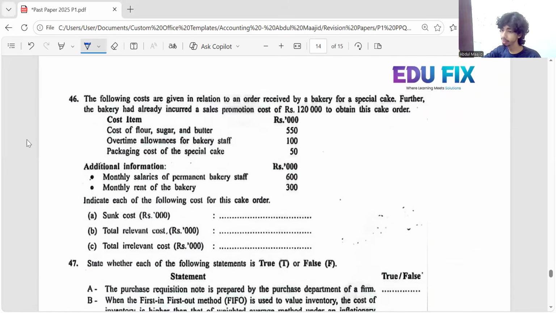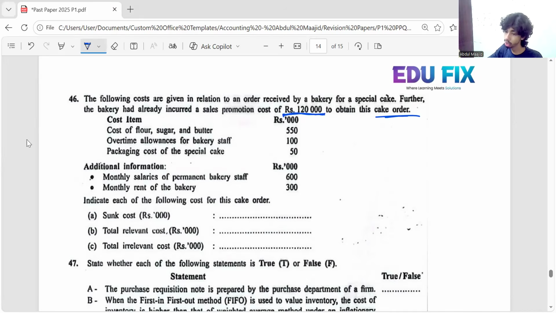Then 46. The following costs are given in relation to an order received by a bakery for a special cake. Further, the bakery had already incurred a sales promotion cost of 120,000 to obtain this cake order. Even if we get the order, we had incurred it already. Even if we don't get the order, we have incurred the sales promotion cost, right?